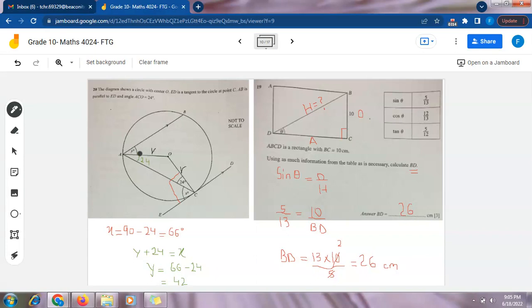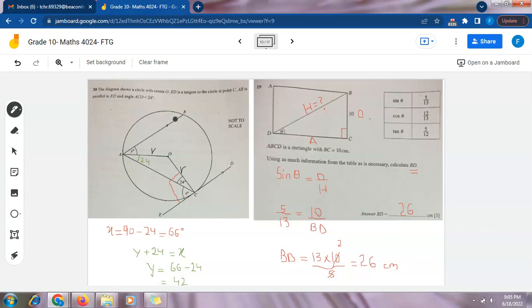Now we have to find the value of y. For the value of y, we will use the isosceles triangle concept. Since this triangle is isosceles and these two sides are equal, the angles opposite to these two sides will also be equal. Since this is the radius and this is the radius, if this angle is 24, this will also be equal to 24.